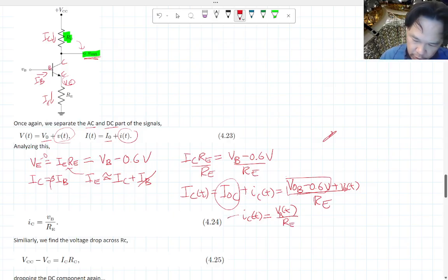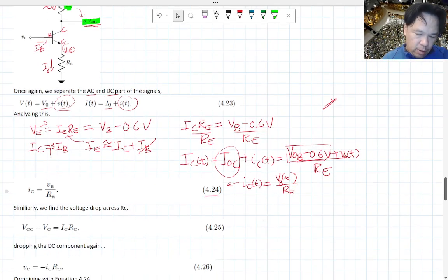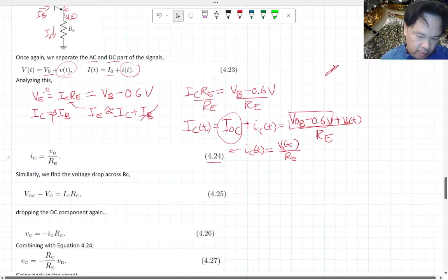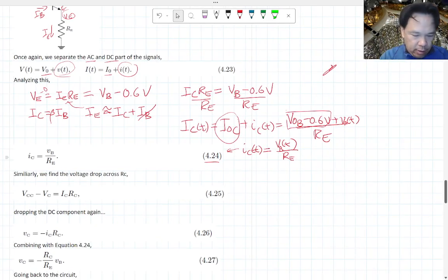Now we get to this point in the book, equation 4.24, where the collector current is equal to the base voltage divided by RE. So that's our first equation.